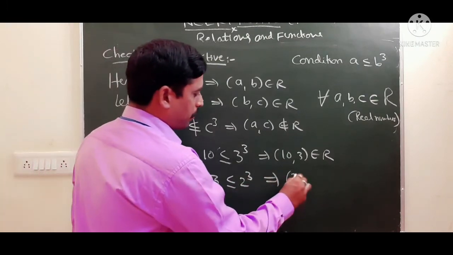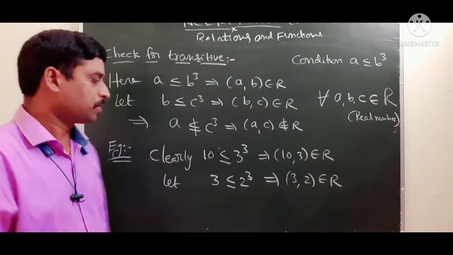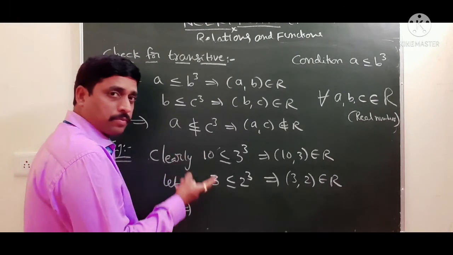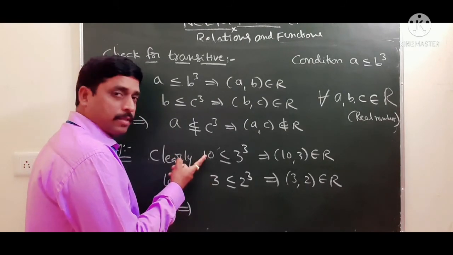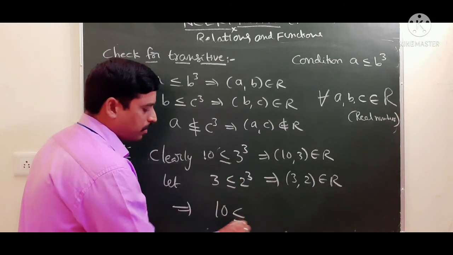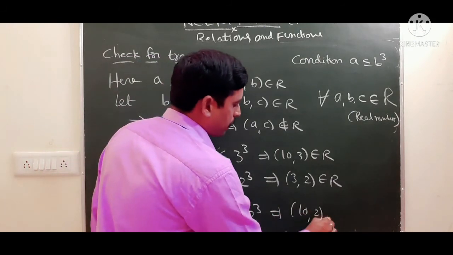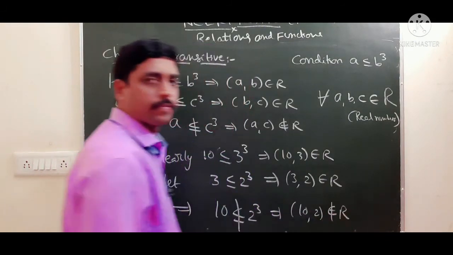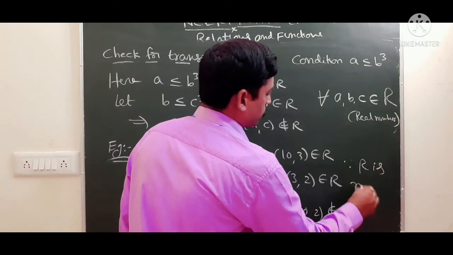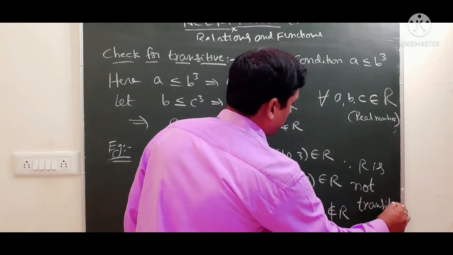Therefore (3, 2) belongs to R. Let us observe these two inequalities: 10 is not less than or equal to 2 cube. Therefore (10, 2) does not belong to R. Therefore, R is not transitive.